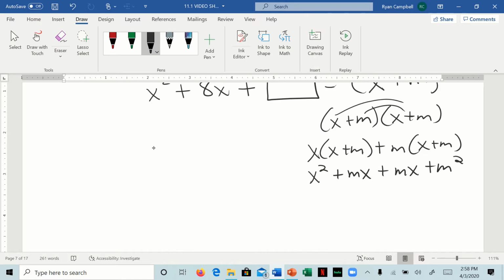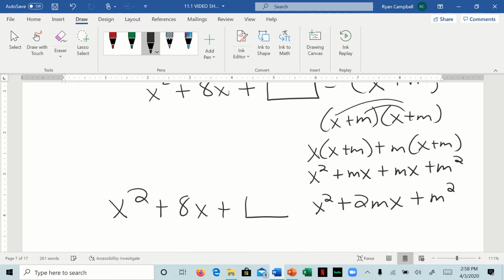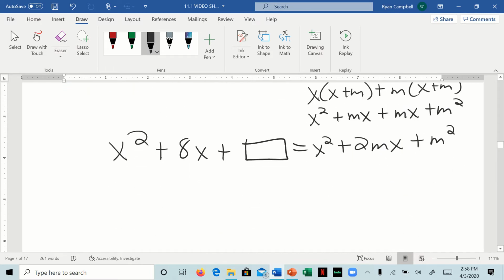Because you can switch those around, that's no problem. So we get x squared plus 2mx plus m squared. So this is equal to, we said, x squared plus 8x plus something, right? Both of these should be the same thing.